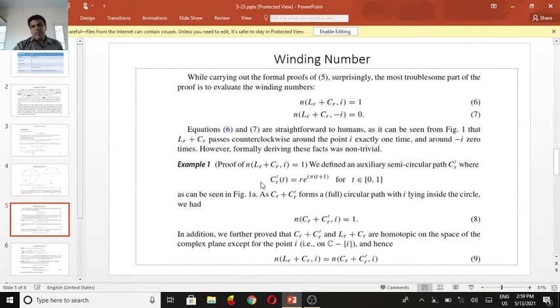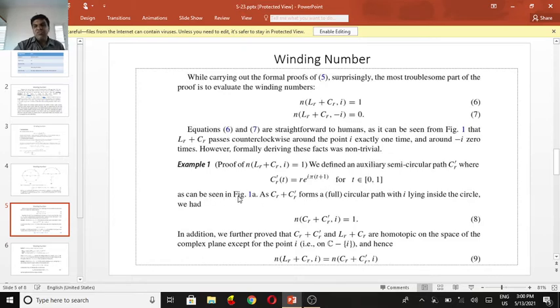We come to the example. Prove n times of LR plus CR, comma i, is equal to 1. We define an auxiliary semicircular path CR dash, where CR dash of t is equal to R times e to the power pi t plus 1, for t belonging to the closed interval 0, 1.